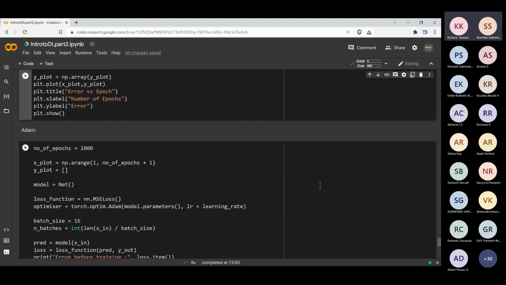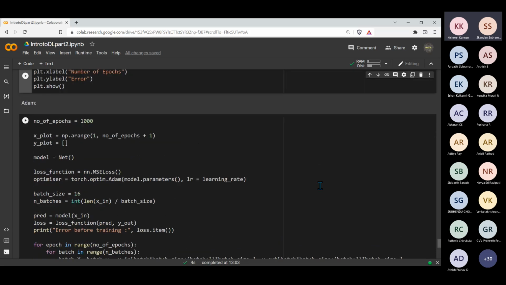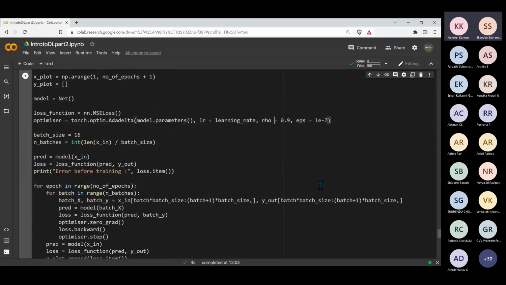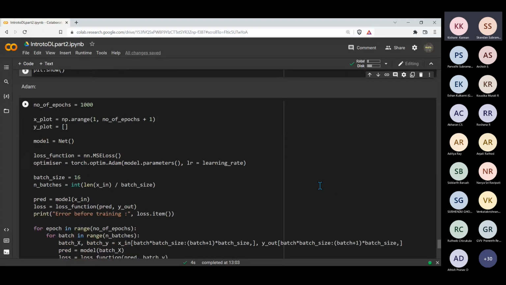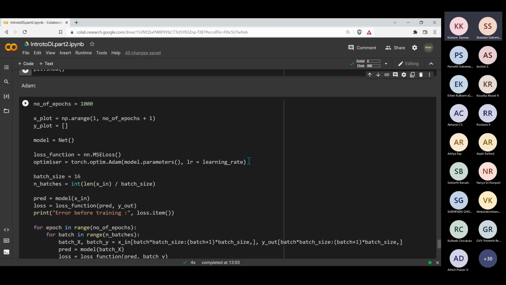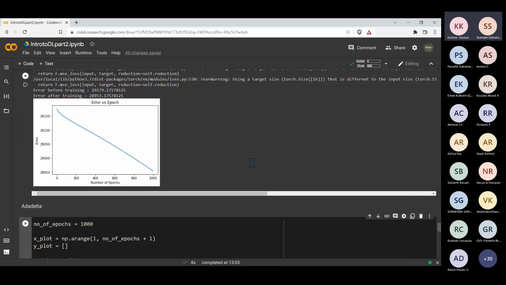And then finally, we also have something called Adam. Adam is very similar to AdaDelta. Mathematically we have some different formula, but it's almost similar to AdaDelta. It's a combination of RMS prop and AdaGrad.